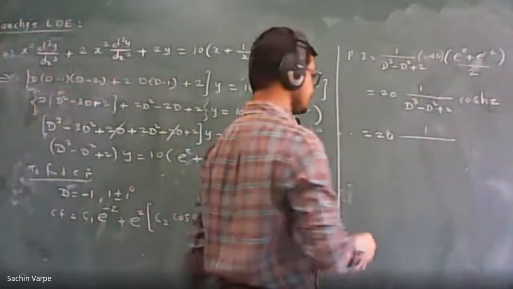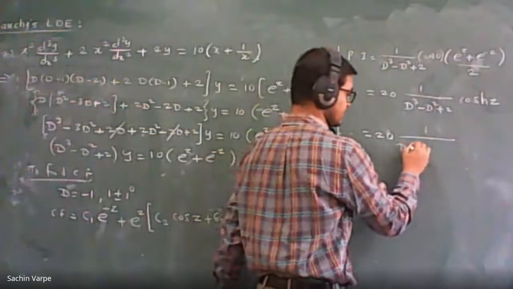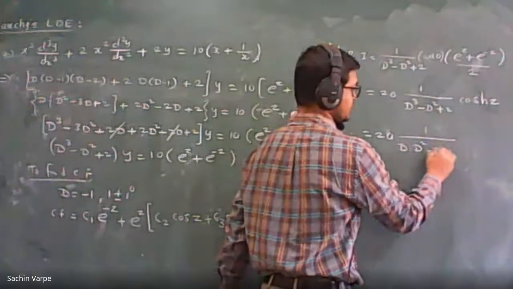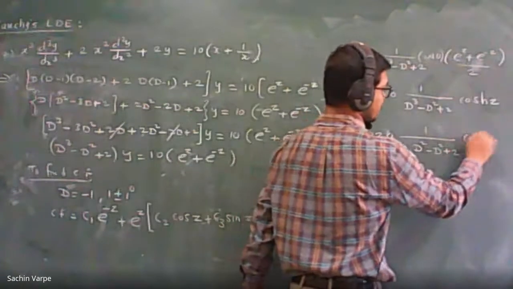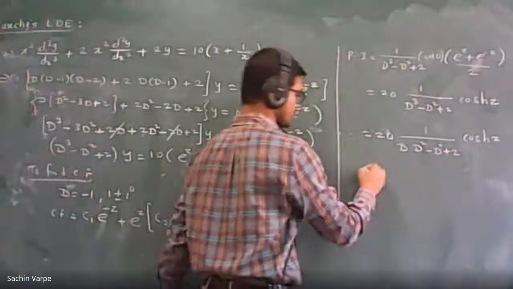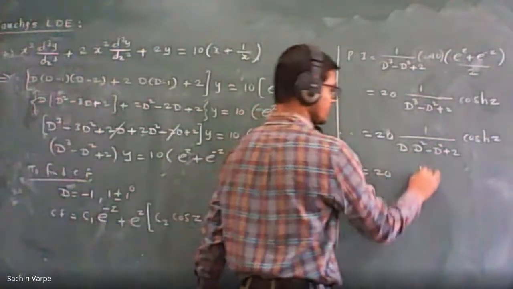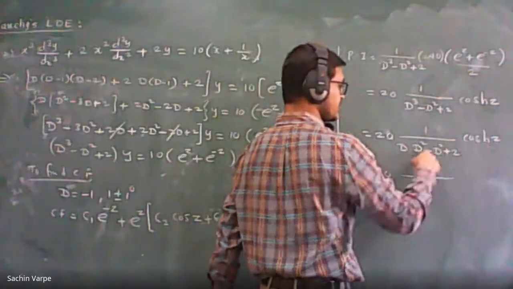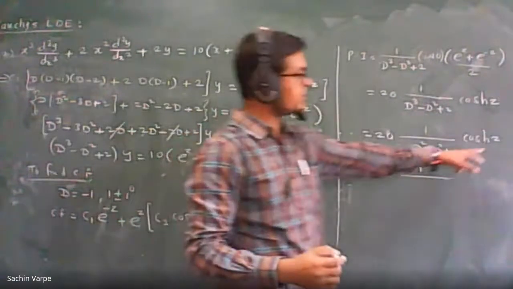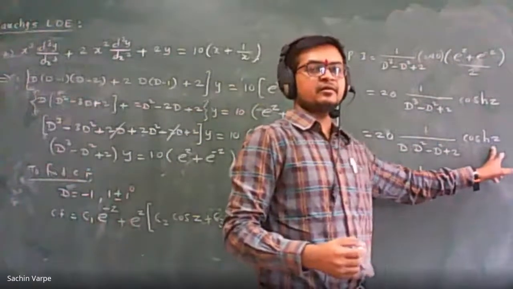Here D cube is nothing but D into D square. I'm writing it here: D into D square minus D square plus 2 times hyperbolic cos z. So that is 20 times 1 upon D square, when I replace it by minus a square. What is a here? Hyperbolic cos 1, ax plus b.